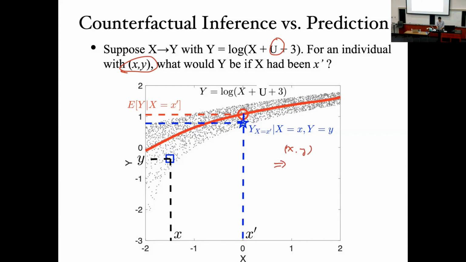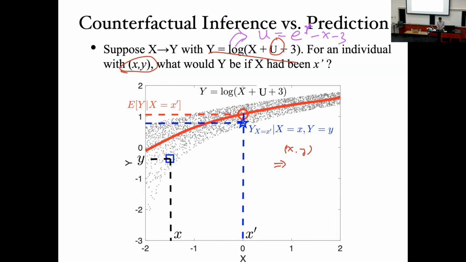What's u? From this equation, we can see u would be e to the y variable minus x minus 3, right? So this is how you can go from x, y to the hidden variable u. You just try to make use of x, y to say something about the hidden variable u, right?